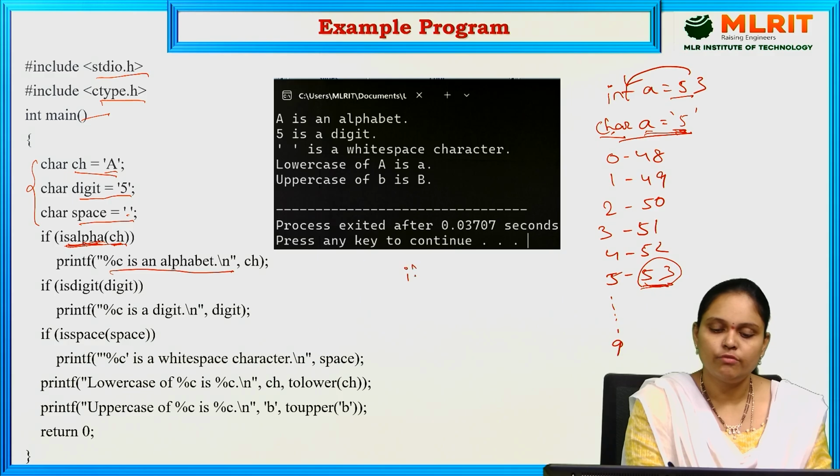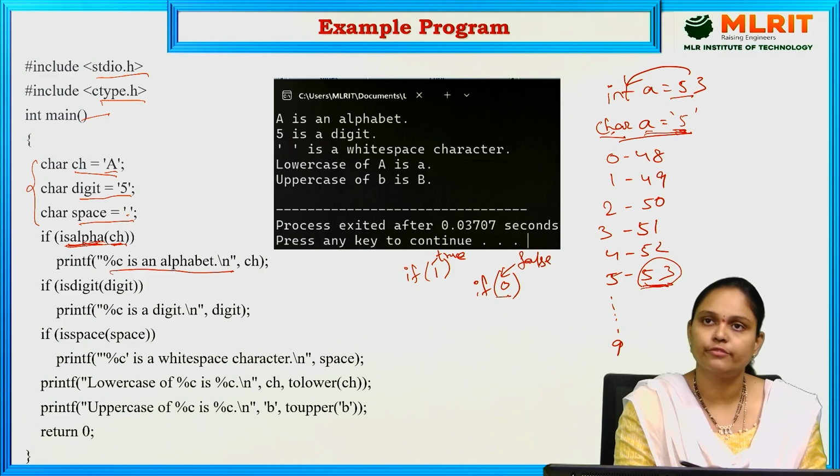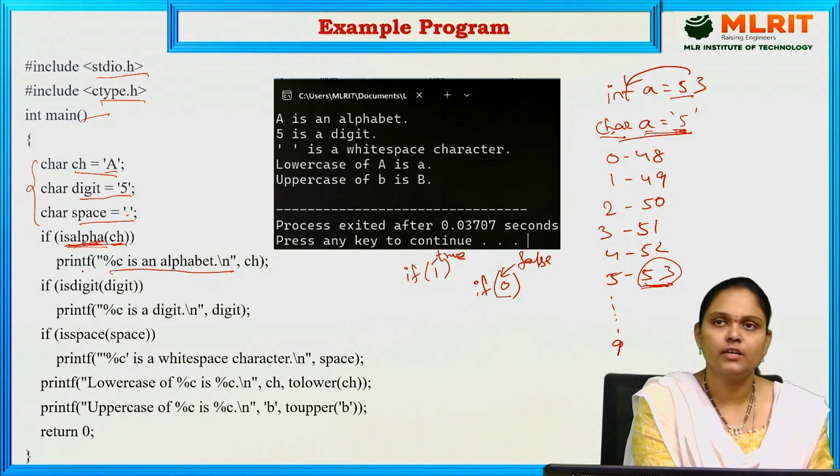So if it is 1, it is true. It is considered as the condition is true. And if we have 0 inside the if, then it is considered as the condition is false. So as we know these if, else rules, if this condition is true, then only we'll enter into this.